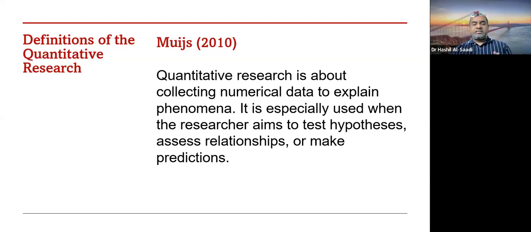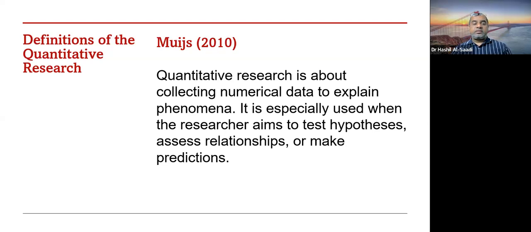And pay attention to this last sentence in the definition, because it's going to be also the basis when we then talk about the different designs. So it is used when the researcher aims to test hypotheses, assess relationships, or make predictions.